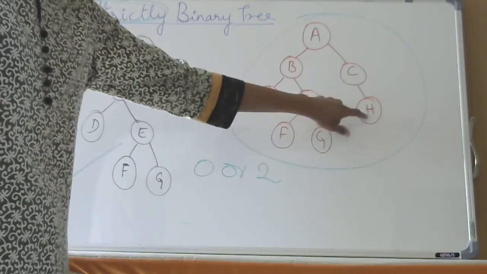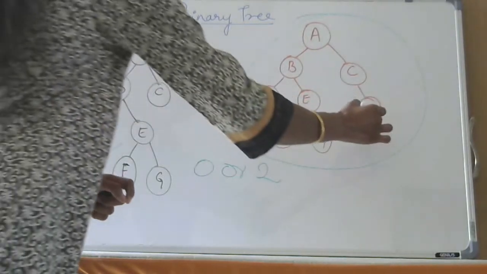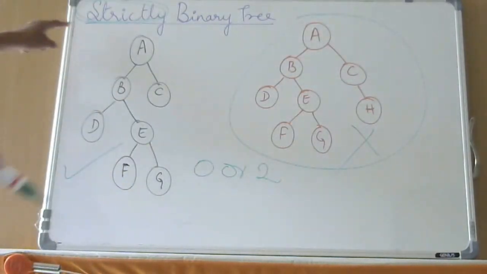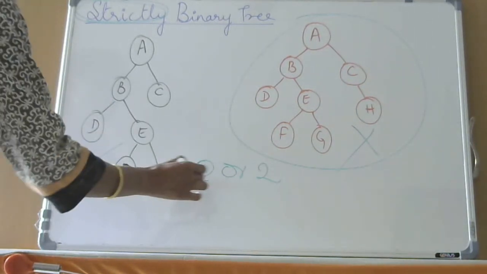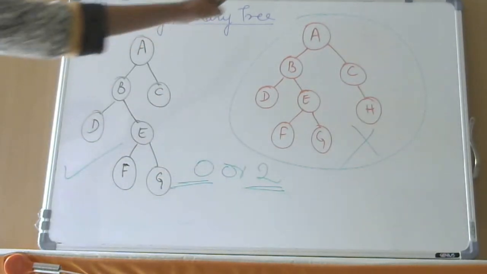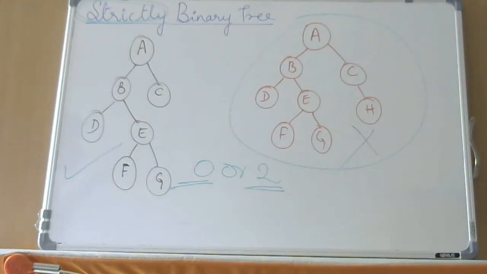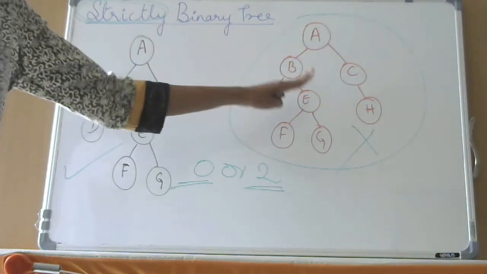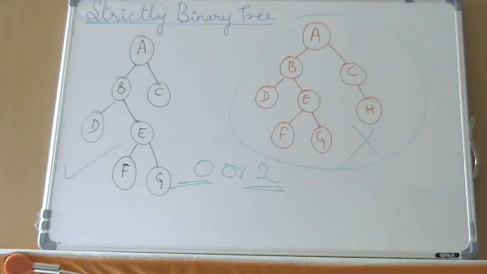C has only 1 node, correct? This does not qualify for a strictly binary tree because as I told you, every node should have either 0 nodes or 2 nodes. It is definitely a binary tree, but it is not a strictly binary tree.